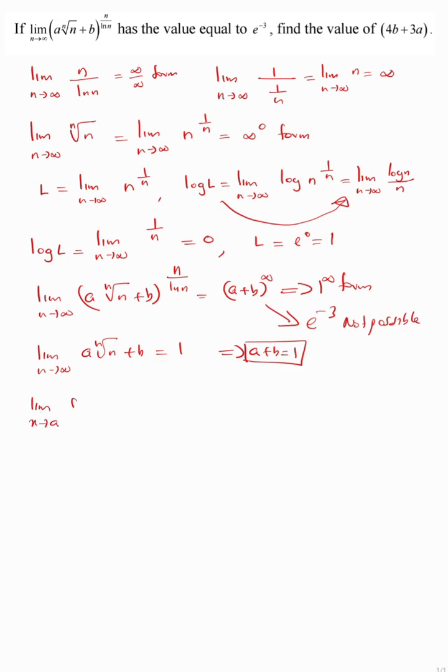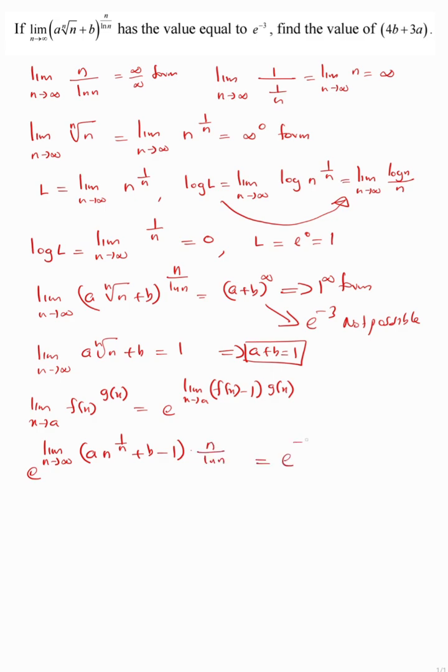Limit x tends to a of f of x raised to g of x, in 1 raised to infinity form, is equal to e raised to limit x tends to a of f of x minus 1 into g of x. So I am going to use this result here. My limit will become e raised to limit n tends to infinity of a n raised to 1 by n plus b minus 1, into g of x, which is n by ln n.